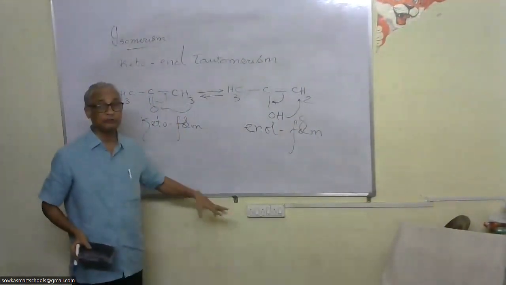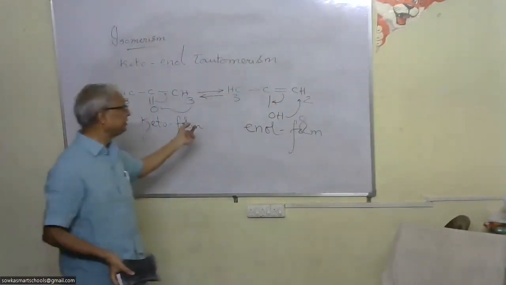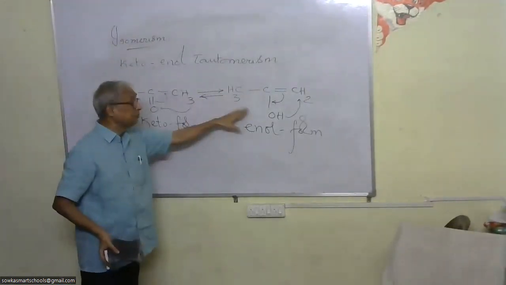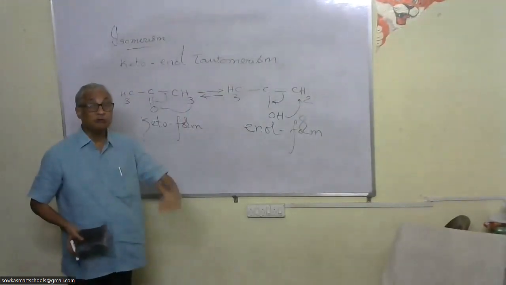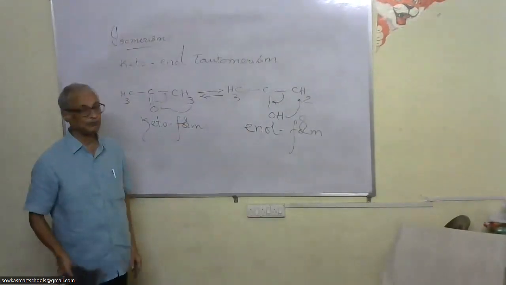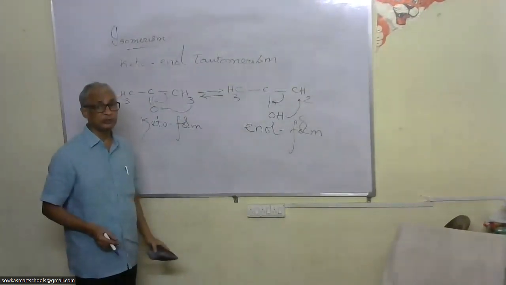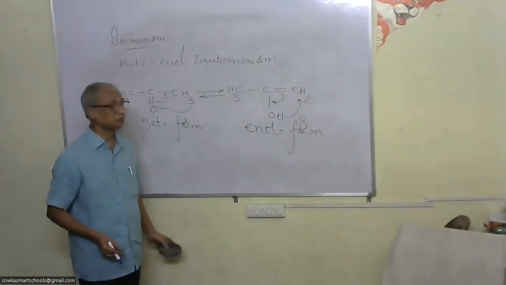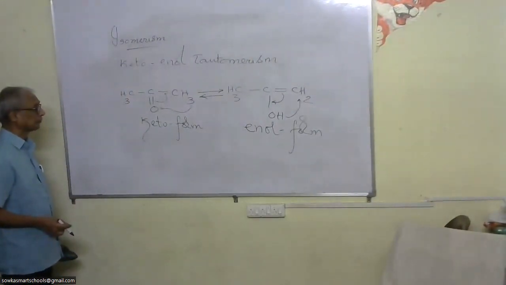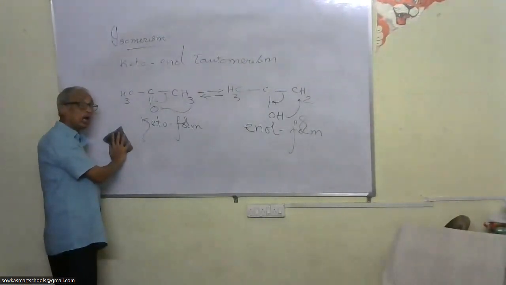That is the main difference between the other types of isomerism and keto-enol tautomerism. Here the two isomers are interchangeable. There is an equilibrium between these two forms, and one form can convert into the other form because of this shifting of bonds. So that is the speciality of keto-enol tautomerism, and that is found in these carbonyl compounds. So that is regarding isomerism in carbonyl compounds.